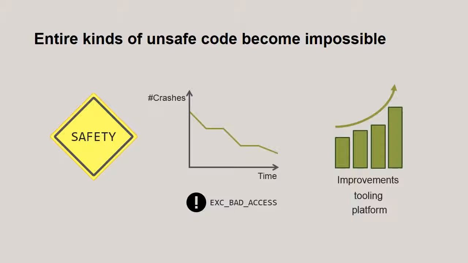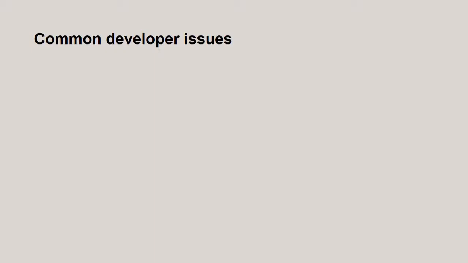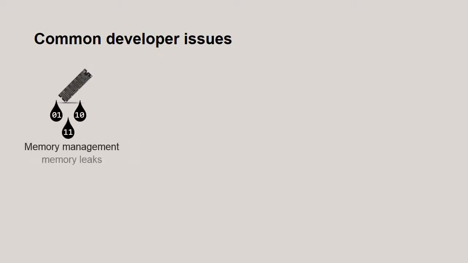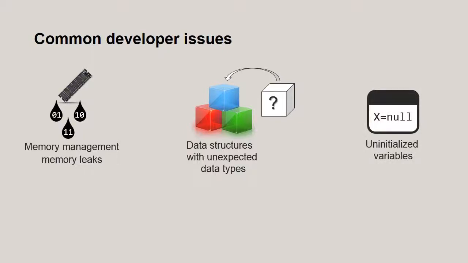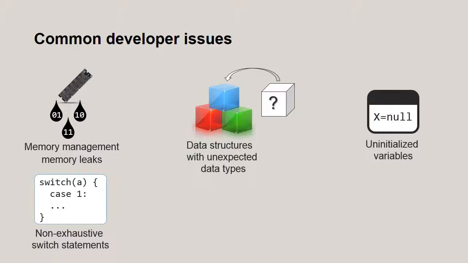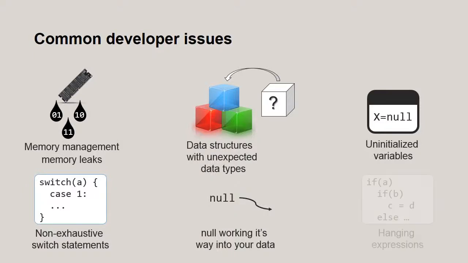One of the goals of Swift was to design a safe language, but what is it trying to save us from? Let's look at some common issues that plague developers using many different kinds of languages. Memory management and memory leaks, data structures containing unexpected data types, uninitialized variables, non-exhaustive switch statements, nil or null working its way into the data, and control flow statements with hanging expressions.